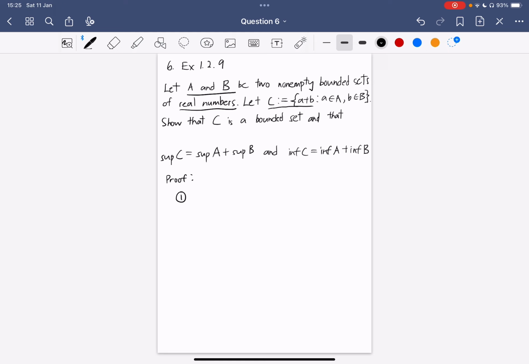We want to show that C is a bounded set. So we know that A and B are non-empty and bounded.